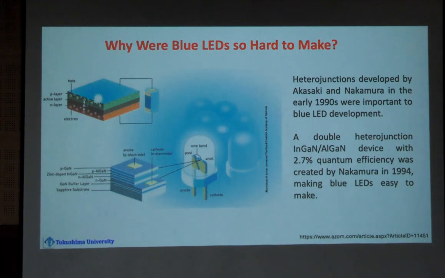Quantum efficiency means when you think about the light, electron tunnels, electron moves and light is generated. When the electron moves, it emits light and we can see the light. So that efficiency increased 2.7%, so the brightness became more.